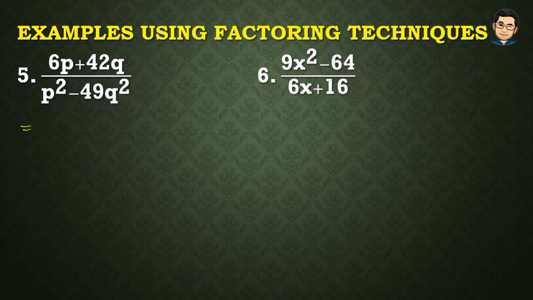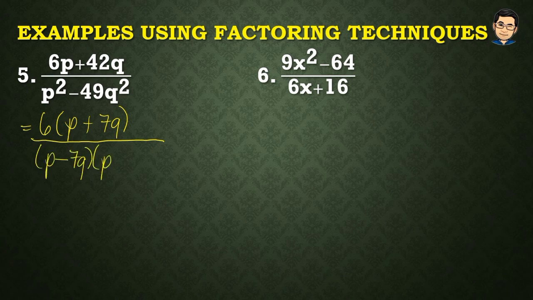So 6, sulat po natin sa labas. And then, yung term sa loob, so 6p divided by 6, that is p. And then, 42q divided by 6, that is 7q.